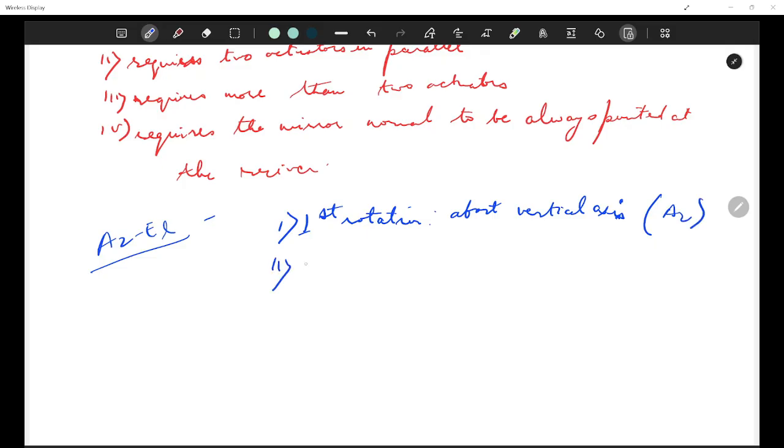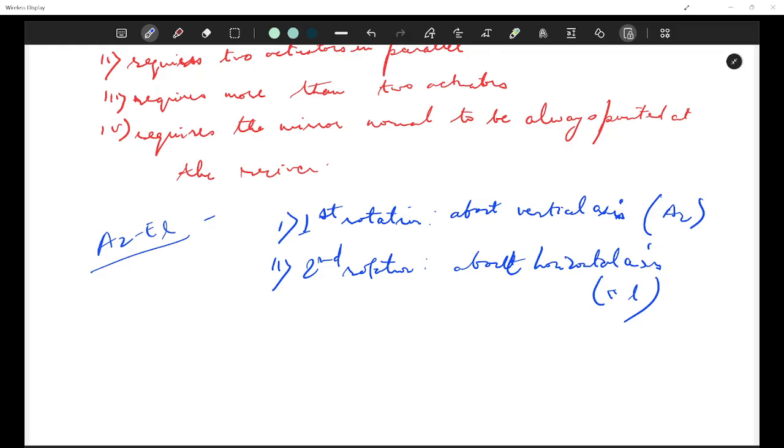And the second rotation is about the horizontal axis, which is elevation. Physically, this means one motor rotates the base horizontally, and on top of that rotating base another motor tilts the mirror, right?